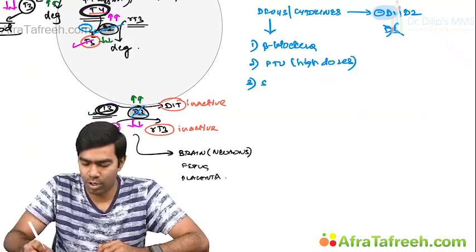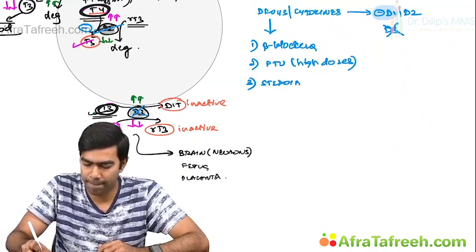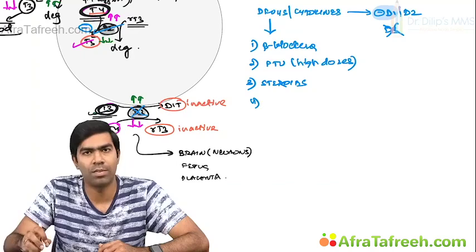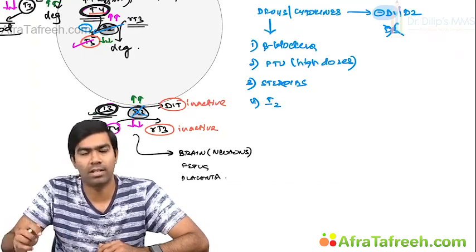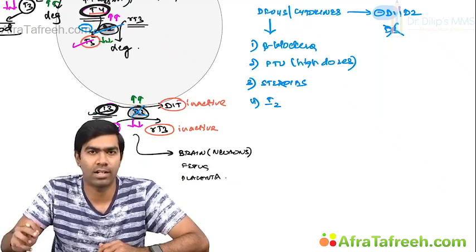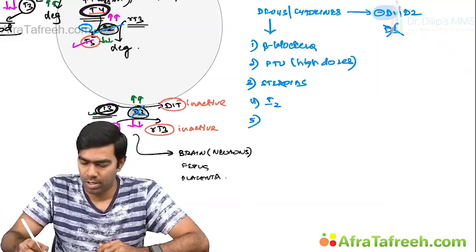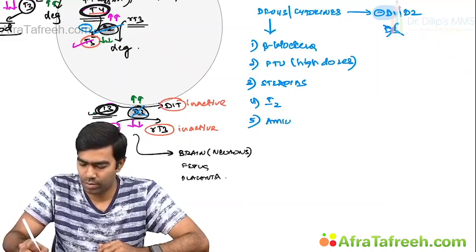Number 3, glucocorticoids like prednisolone or dexamethasone. Number 4, iodide itself. Iodine and iodide can inhibit the peripheral deiodinases and they can inhibit the peripheral conversion of T4 to T3. And number 5, amiodarone.